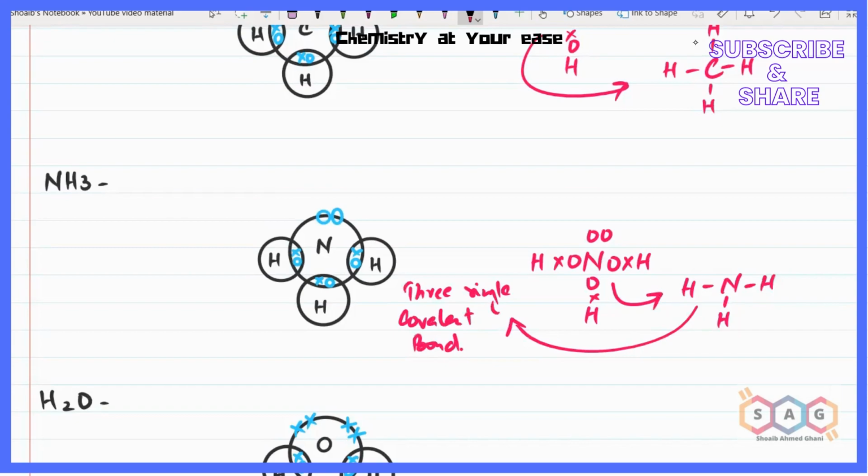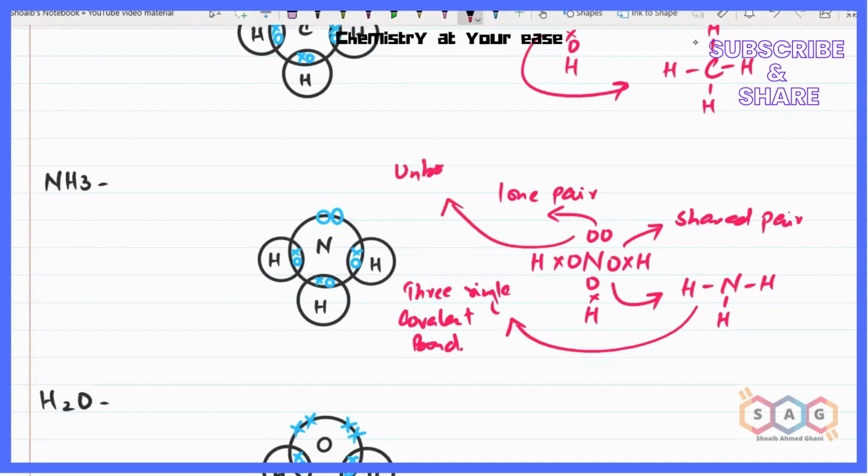As I mentioned earlier, the bonded electrons are known as a shared pair, and the electrons which do not take part in the bonding are known as a lone pair, or non-bonding electrons.